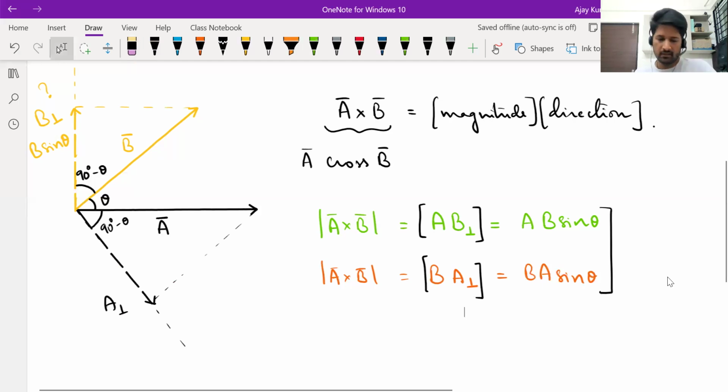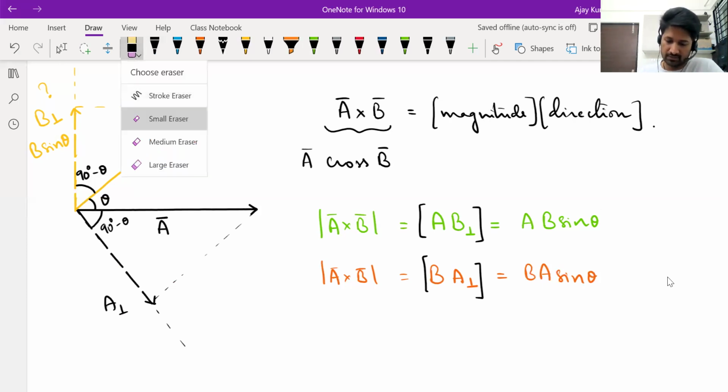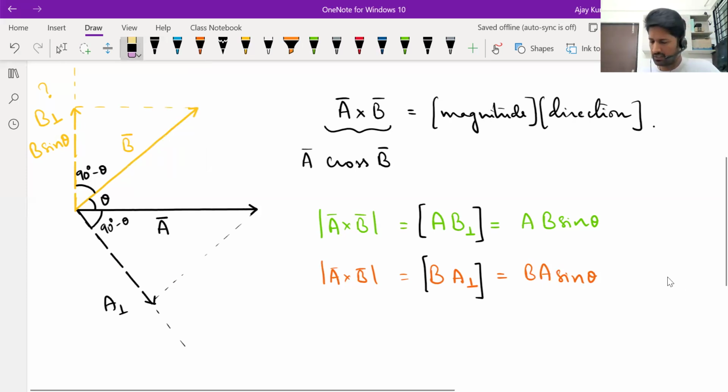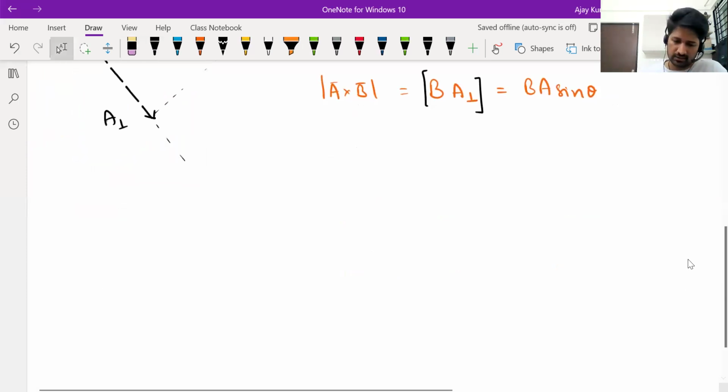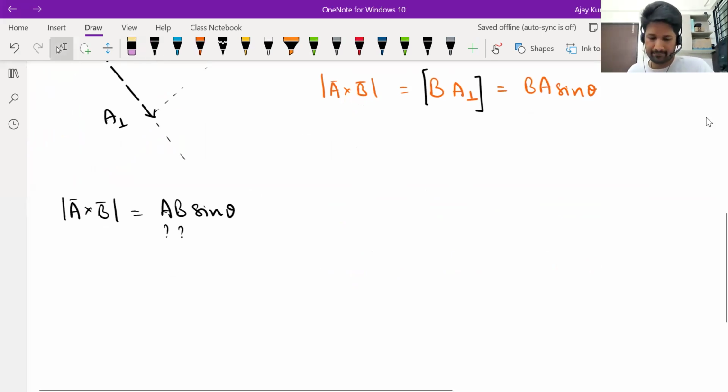So the magnitude of A cross B is AB sin theta. That is by definition. Now we need to assign a direction to this. We'll get to that, but let's consider the magnitude formula itself first. Magnitude of A cross B is AB sin theta. In this formula, what are A and B? What does A without a bar mean?